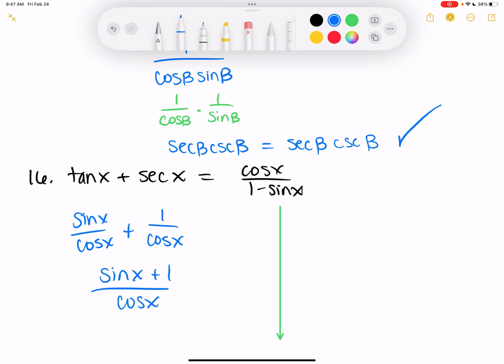Think about what I ultimately need: the sine to be negative. So you have the mindset that I need a common denominator. Okay, but I can only change the left.